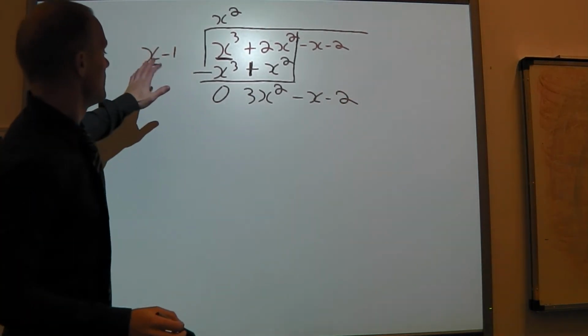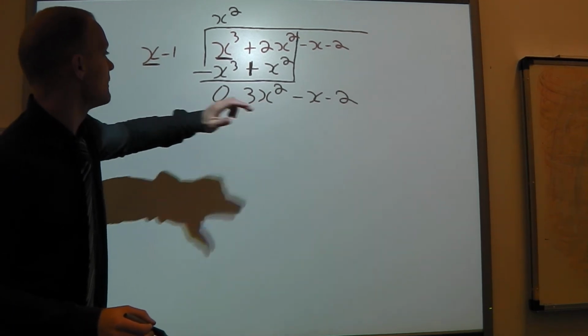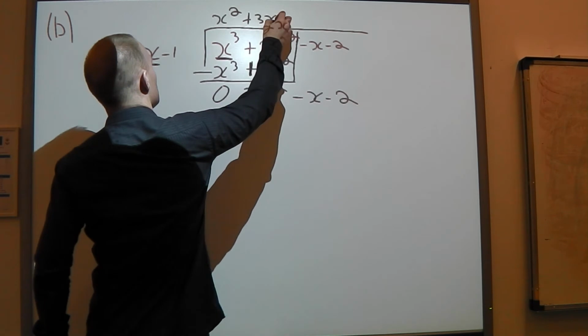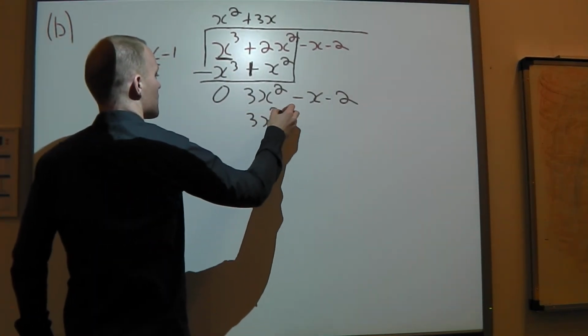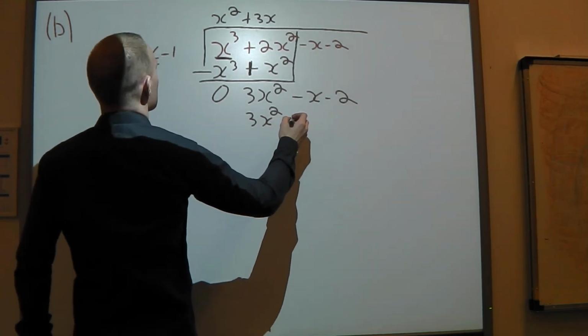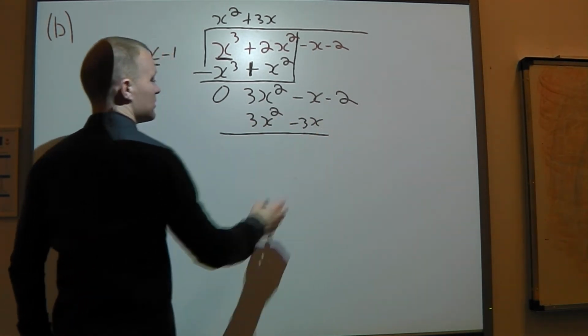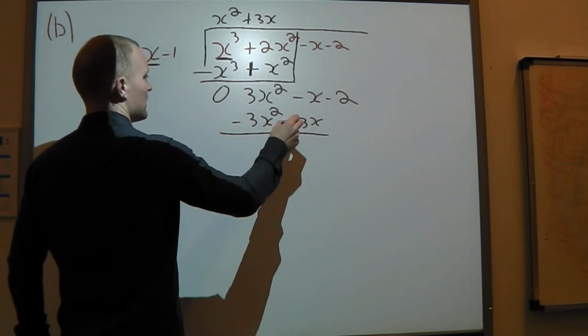Now we do the same thing again. What do I have to multiply x by to get 3x squared? The answer is, of course, 3x. So you multiply this term by 3x, and your answer is 3x squared minus 3x. We're going to subtract this, so we have to change the sign of every term in the bottom line. That turns into negative, that turns into positive.